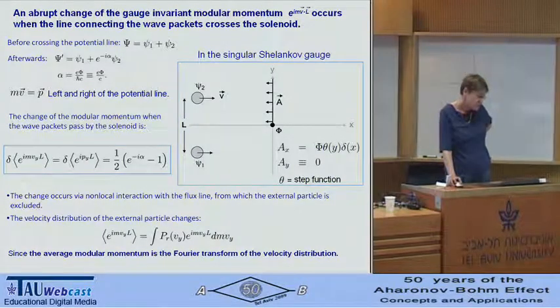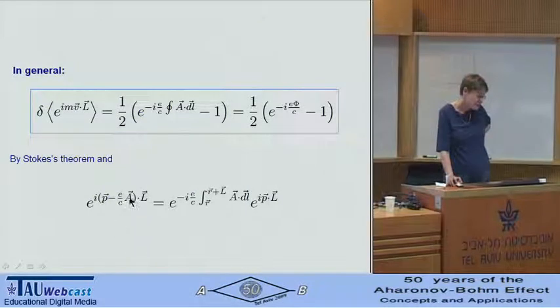Finally, the velocity distribution of the external particle also changes when it passes by the solenoid. And the reason is that the average modular momentum is really the Fourier transform of the velocity distribution. And in other gauges, one may have to use this general formula.